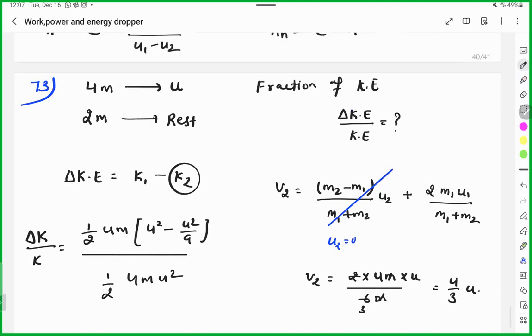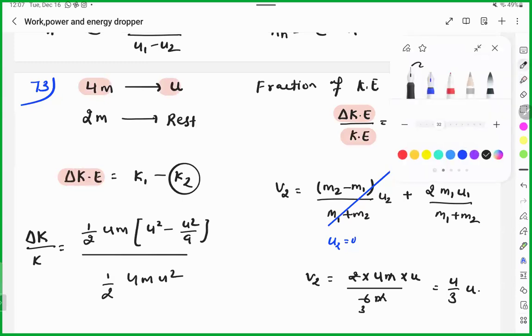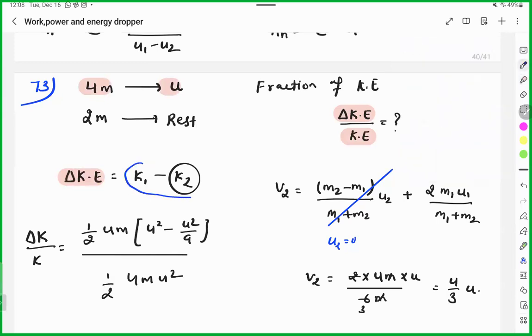Tell me, guys, was it really difficult? First rule is you need to understand what is asked: change in kinetic energy by total kinetic energy. How to calculate initial kinetic energy? Half m u square. Mass is this, u is this. How to calculate change in kinetic energy? Initial minus final. Initial we already know, we have to calculate the final velocity.